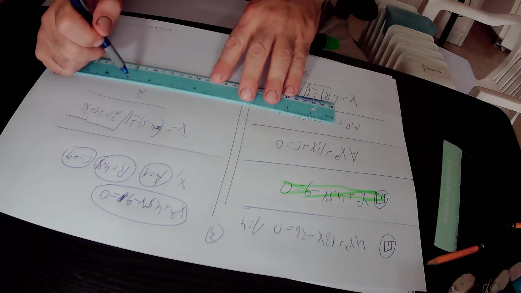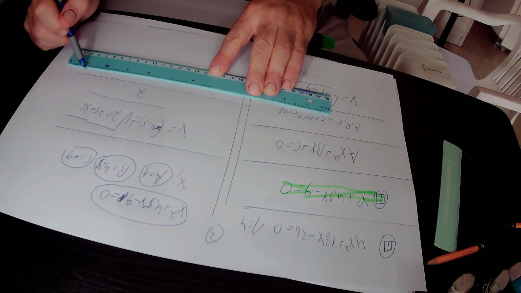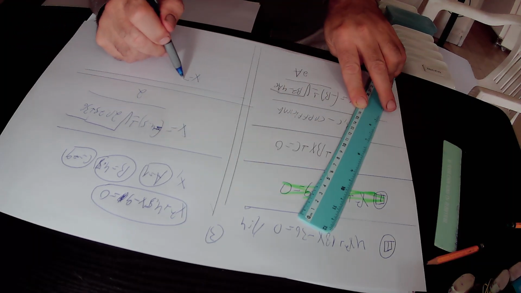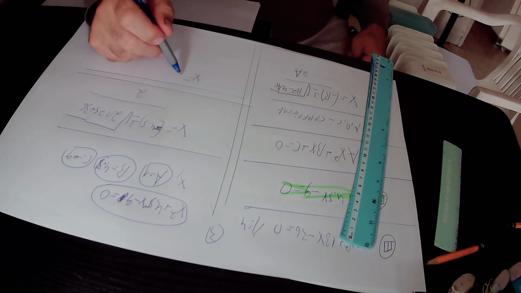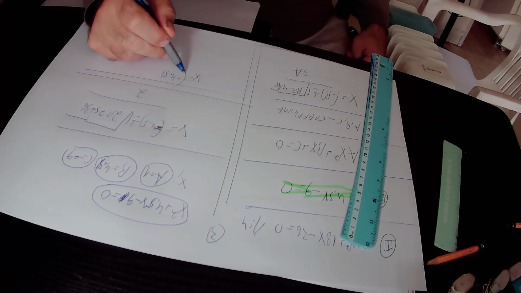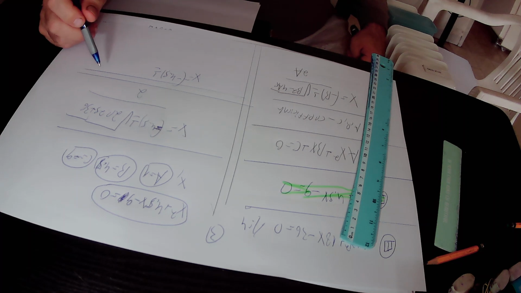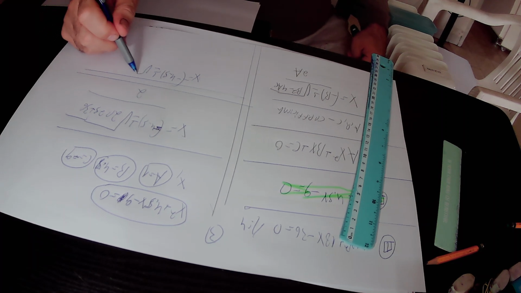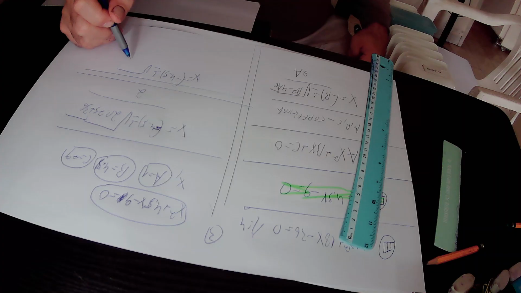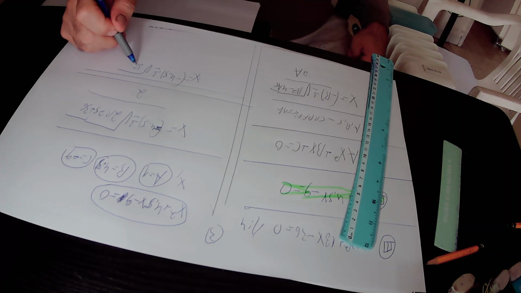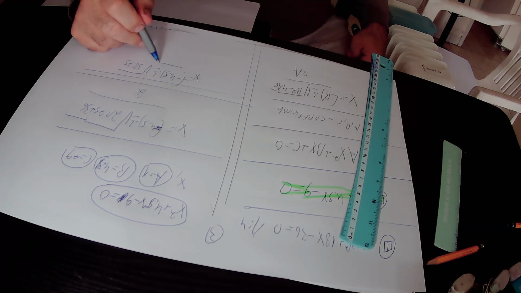So we found that x equals minus 4.5 plus minus, inside the root we have 20.25 plus 36, that is 56.25, divided by 2.